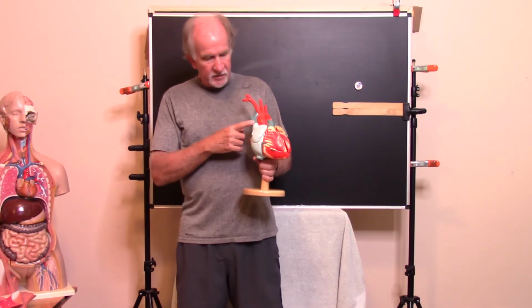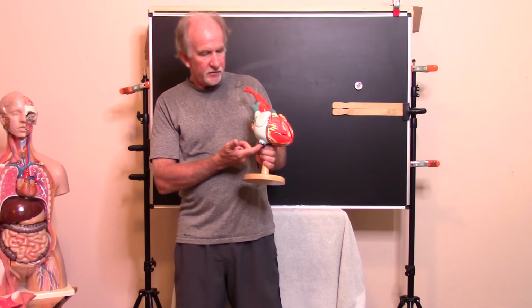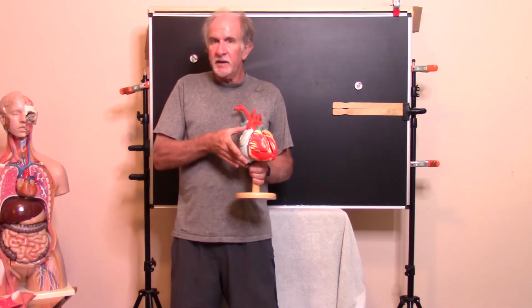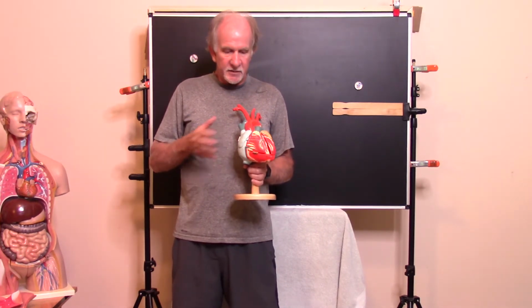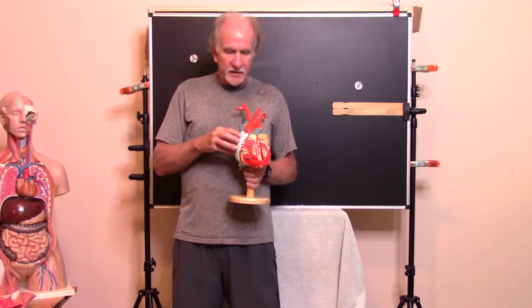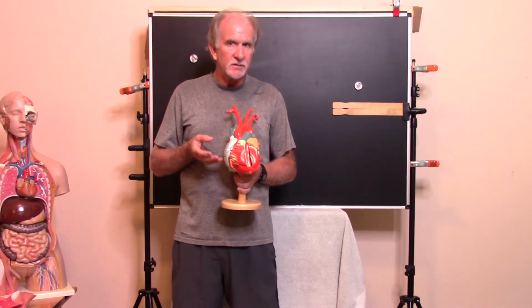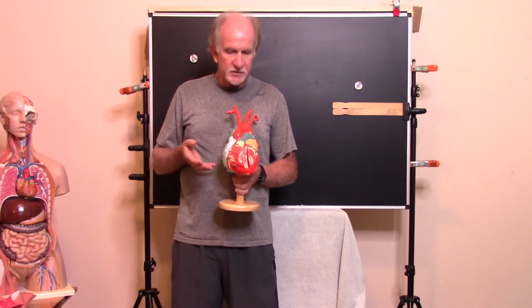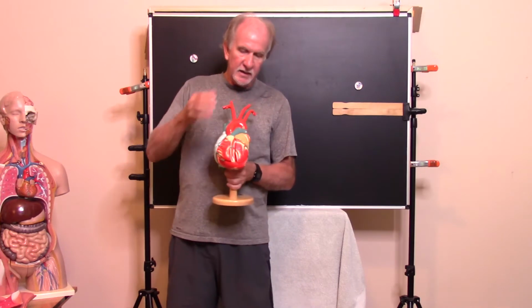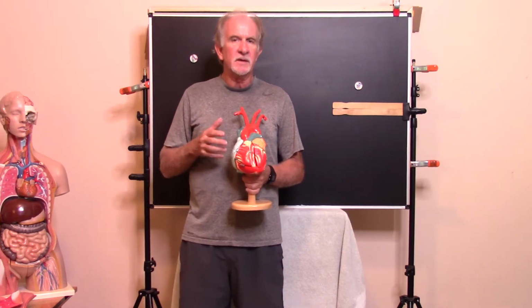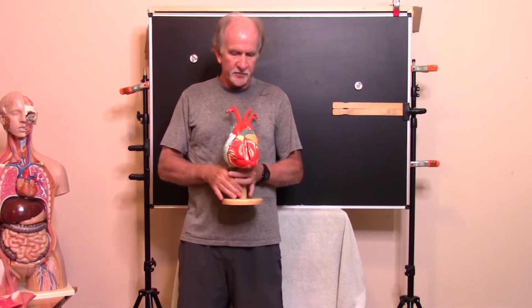The superior vena cava and inferior vena cava drain the venous return from the systemic circuit into the right atrium of the heart. There are 2 pairs of pulmonary veins, a pair from each lung, and they drain blood from the pulmonary circuit into the left atrium.